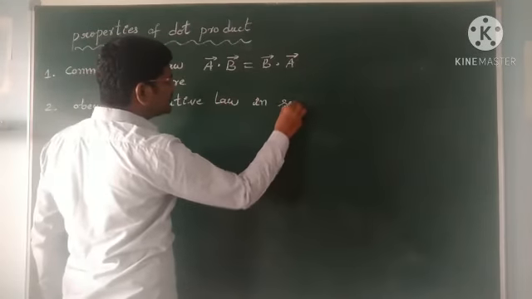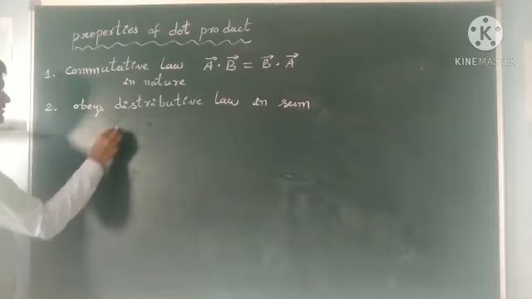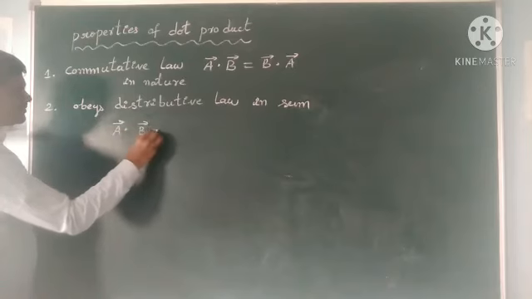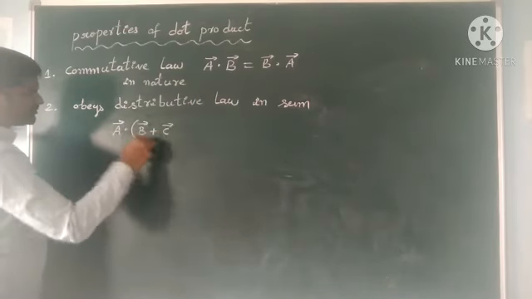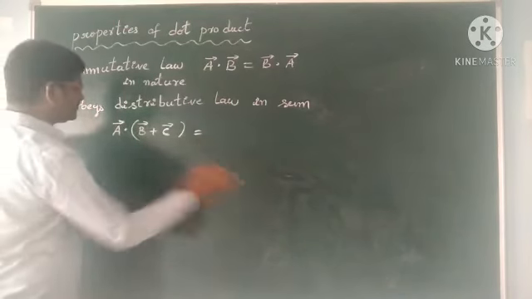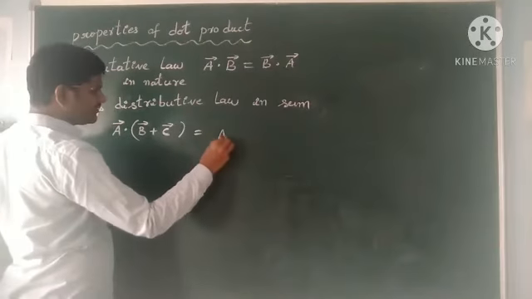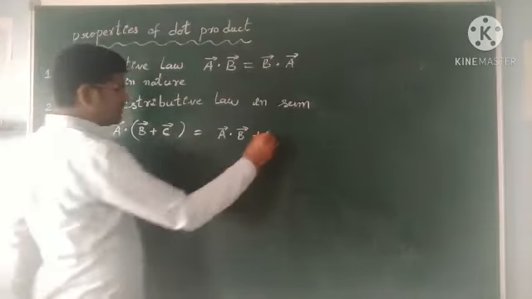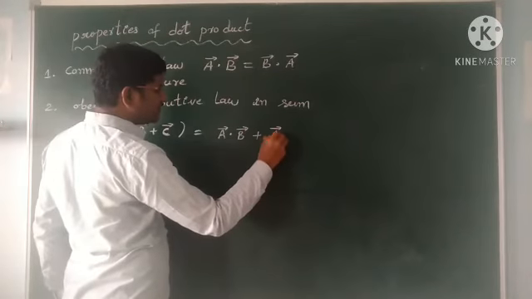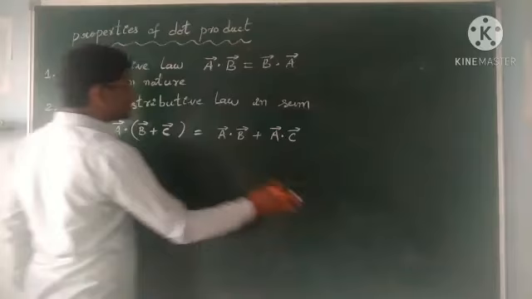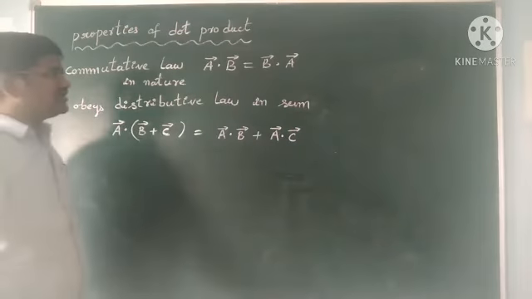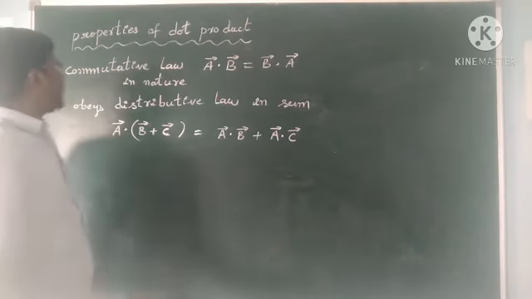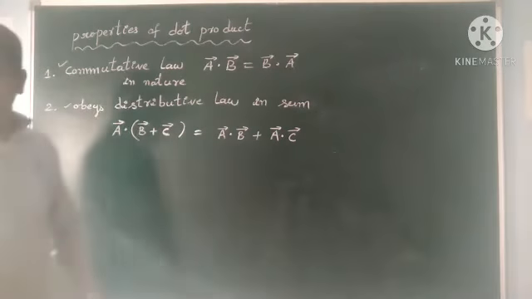That means A bar dot (B bar plus C bar) is the same as A bar dot B bar plus A bar dot C bar. So this is called the distributive law, that is, in addition. It obeys the commutative law, and it obeys the distributive law also.